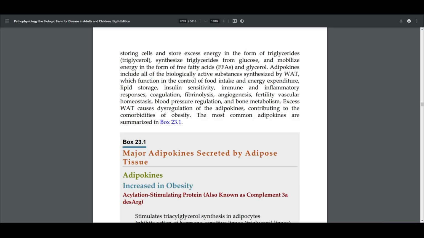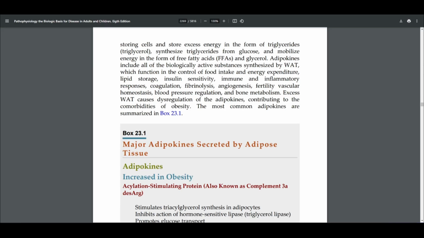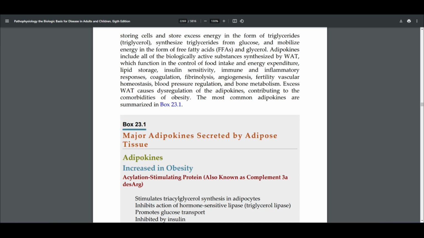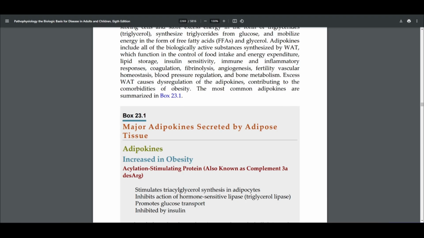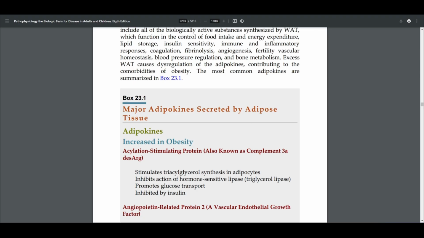Adipokines include all of the biologically active substances synthesized by WAT, which function in the control of food intake and energy expenditure, lipid storage, insulin sensitivity, immune and inflammatory response, coagulation, fibrinolysis and angiogenesis, fertility, vascular homeostasis, blood pressure regulation, and bone metabolism.